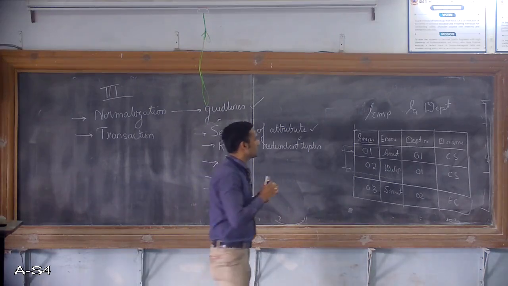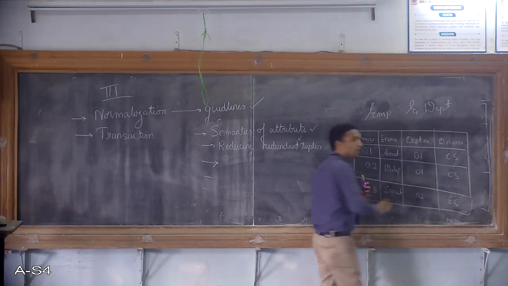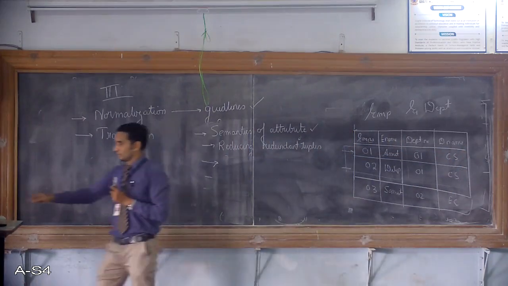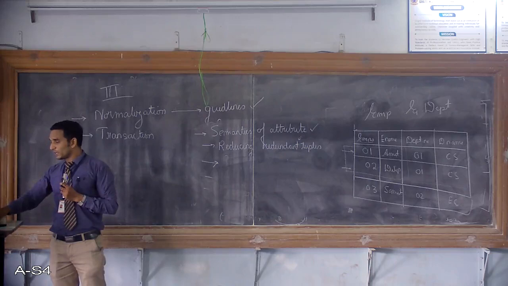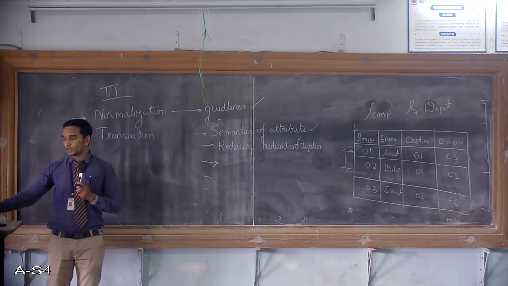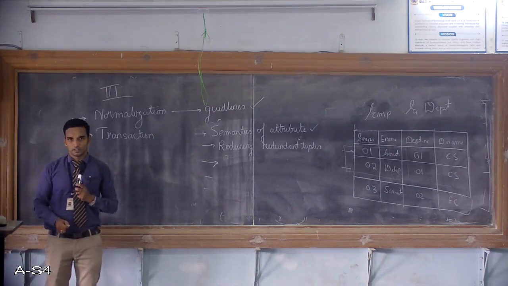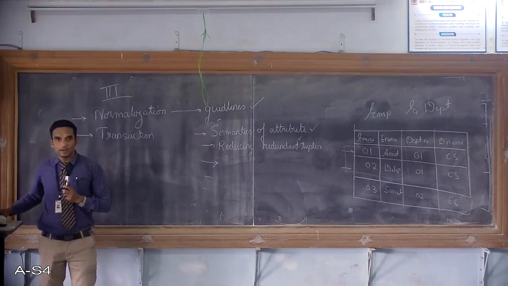So what is happening here is, it is being duplicated 50 times. Such things should be avoided, and this is called redundant information in tuples. Is this clear? What I mean by redundant information?